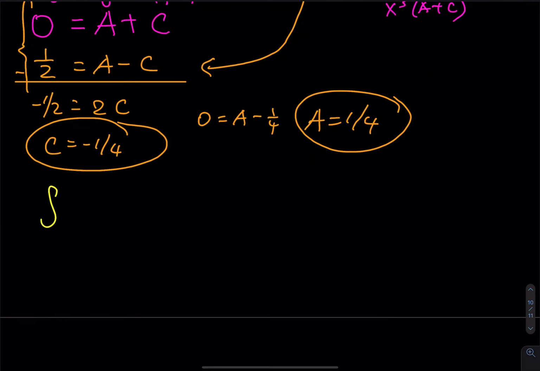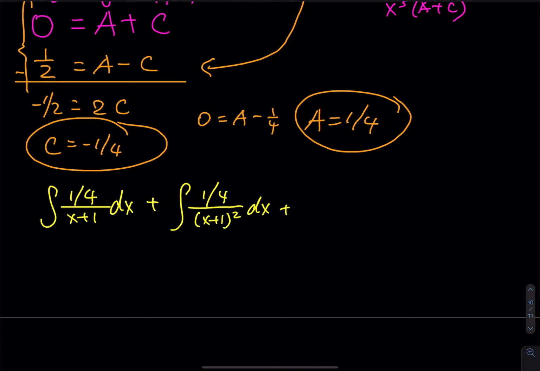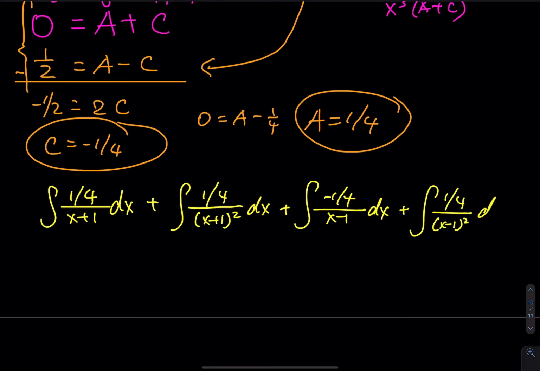So for the A, we have 1/4 divided by x plus 1 dx, so that is an ln, and then plus 1/4 times 1 over x plus 1 squared dx, and then the C, we have negative 1/4 times 1 over x minus 1 dx, and then the D, plus 1/4 times 1 over x minus 1 squared dx.